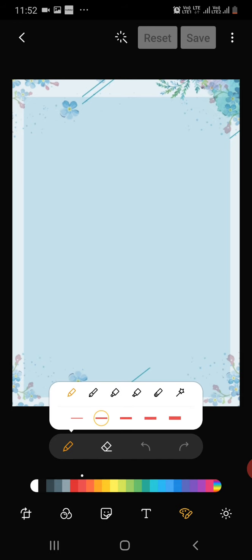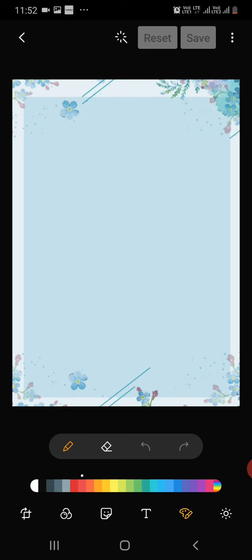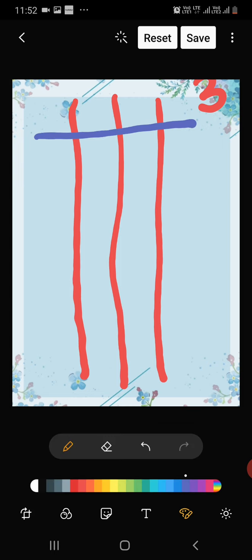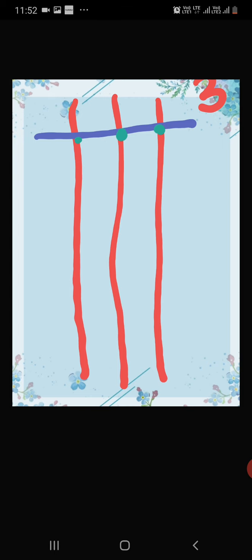For drawing table of 3 we will draw 3 vertical lines, 1, 2 and 3. Now for calculating 3 ones are, one horizontal line. Next step is we are going to count the number of points on which these lines intersect, first, second and third. So 3 ones are 3.